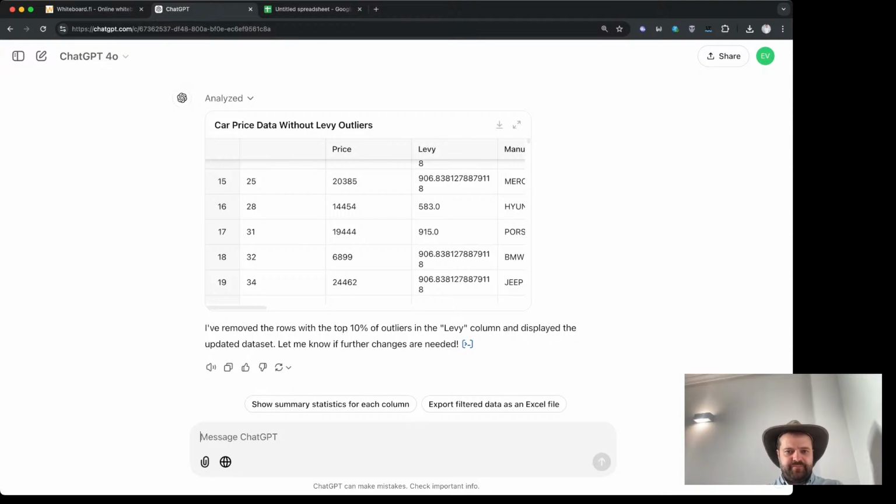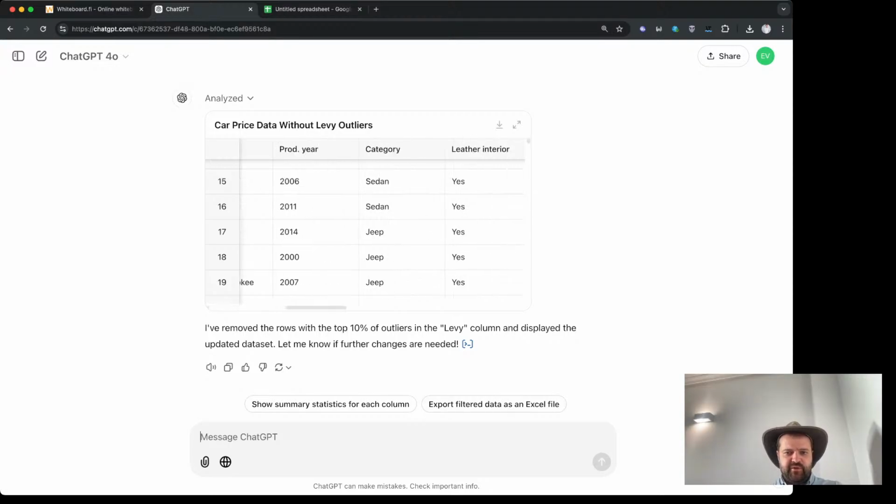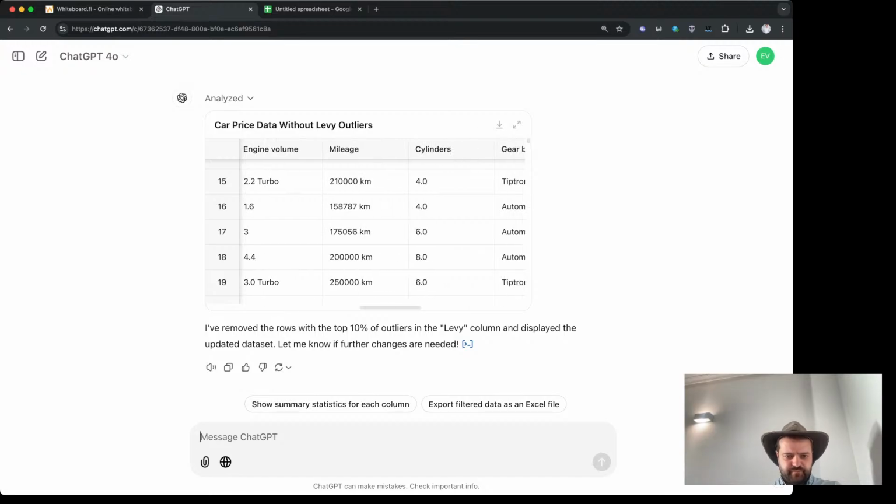Okay, I can see my kilometers here. So, remove string kilometer from column mileage.